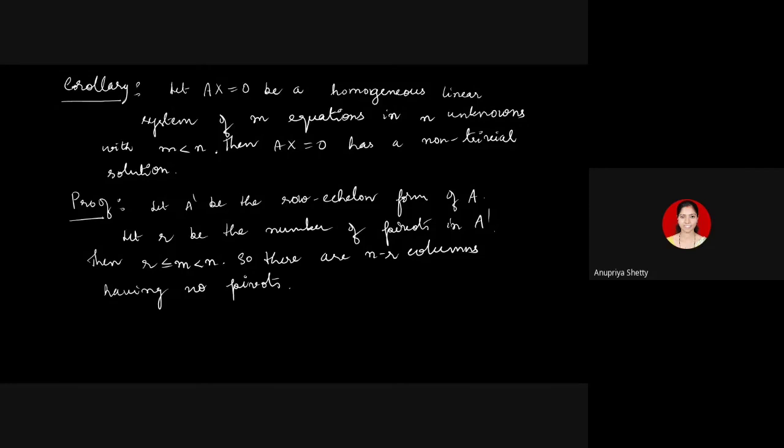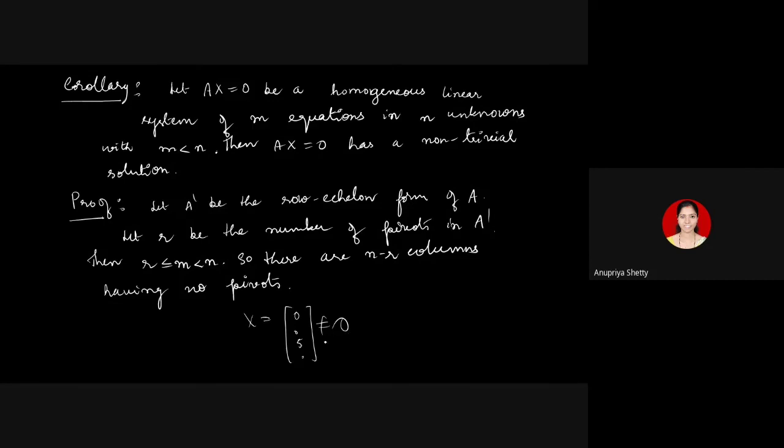When I am free to give an arbitrary value, I'll give a value which is non-zero. So if there is at least one unknown xj which is non-zero, the column x will be non-zero. If I take the solution vector where in one position I take some number 5 and the rest of them are zeros, still it is a non-zero column.